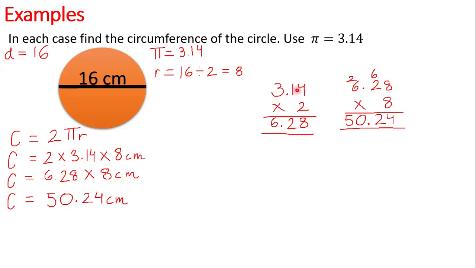Like she said, Miss Cash, we are multiplying 6.28 by 8, so we don't have to bring down a 0. But if we were multiplying 6.28 by, say, 14 or 12 or 18, then we would have to bring down the 0. Good question.